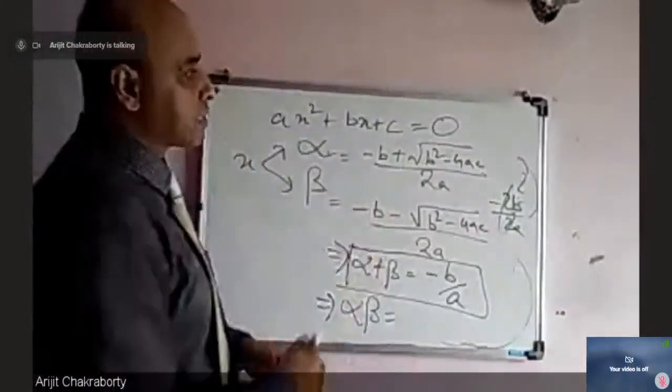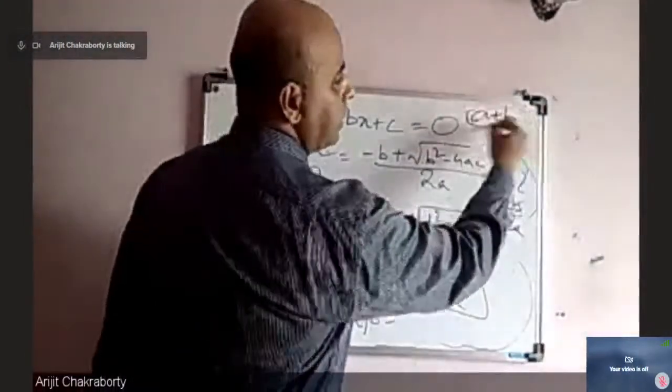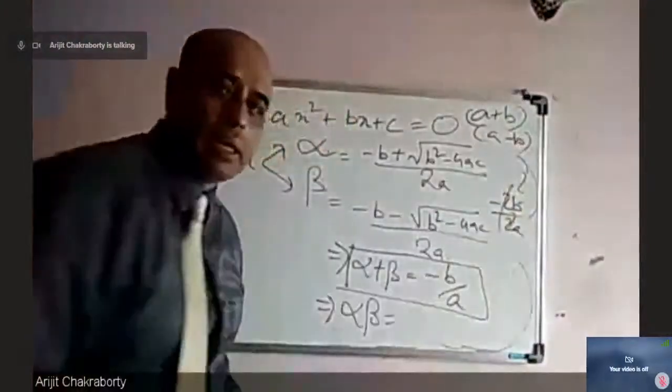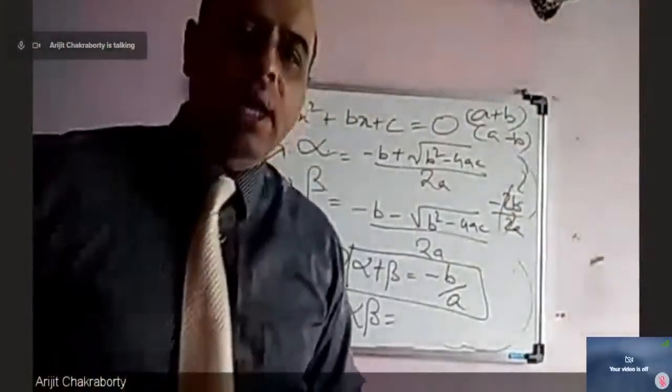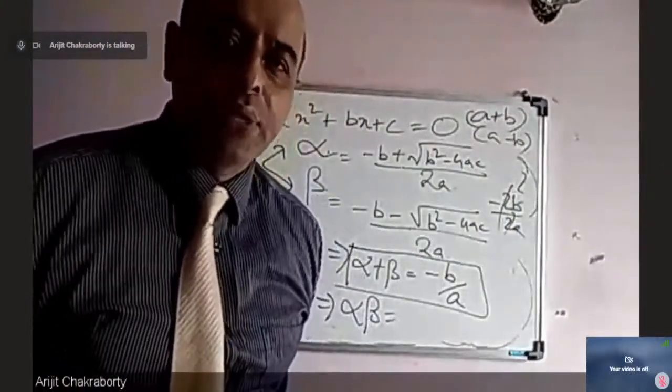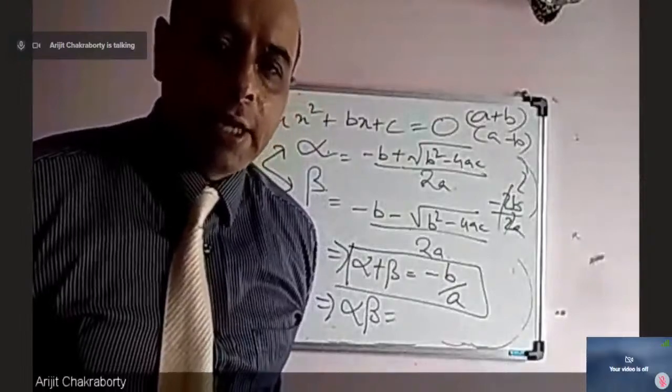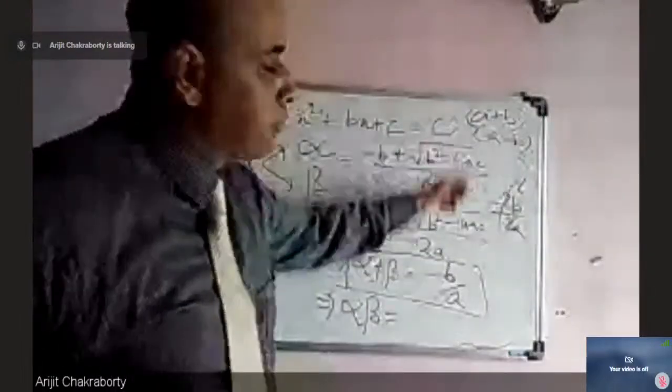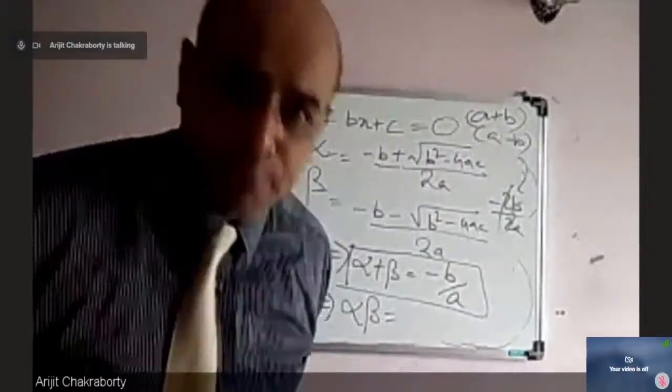So this is of the form a plus b into a minus b. And I had mentioned in the last session, please remember these formulas. Like a plus b into a minus b is how much? A square minus b square.